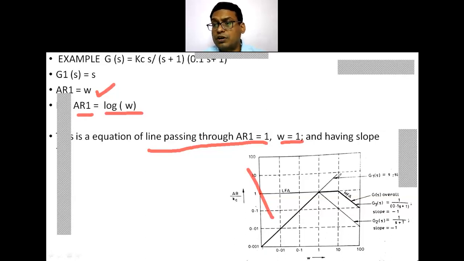So this is the first line that can be drawn. It has a slope of plus 1, and it is a line passing through the origin, 0, 0, 0.01, 0.01. It will be the asymptote for the first transfer function.